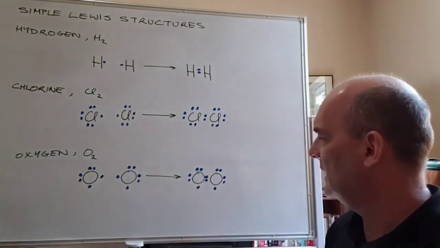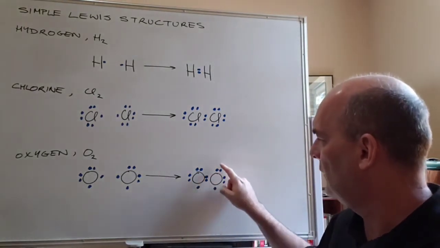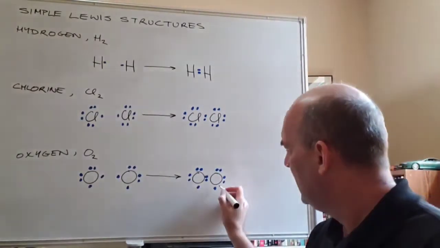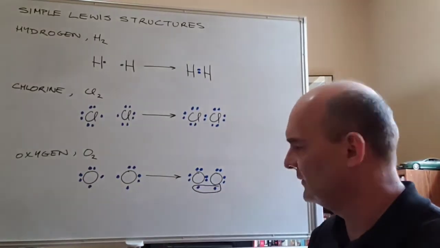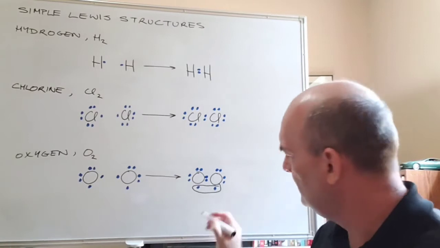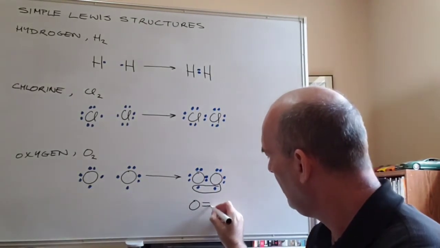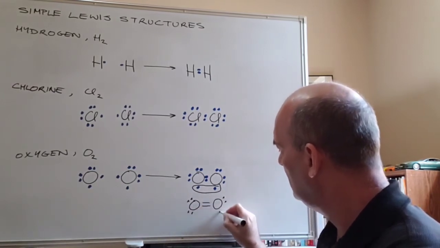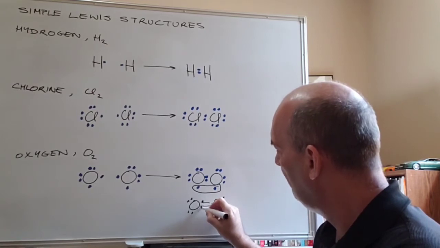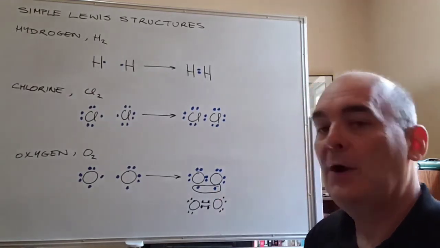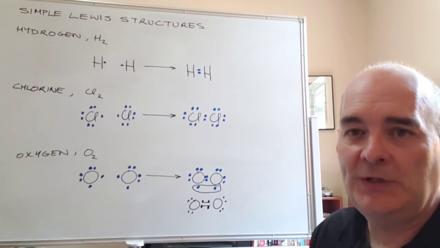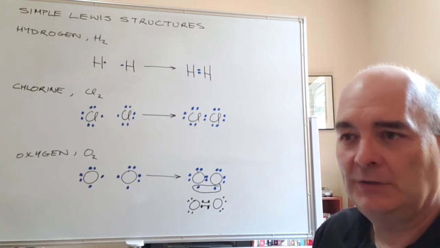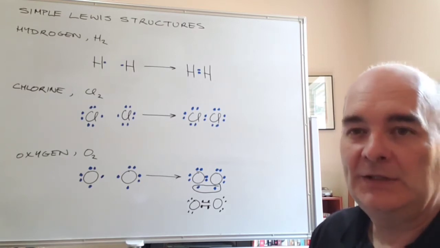This one on the right also only has 7 electrons. 1, 2, 3, 4, 5, 6, 7. So I need another bond. If I take these 2 electrons and combine those, I just made a double bond between those 2 oxygens. There are now 4 electrons shared between 2 atoms. This is a double bond, and it's one of the reasons why oxygen, 21% of the atmosphere, is so stable.